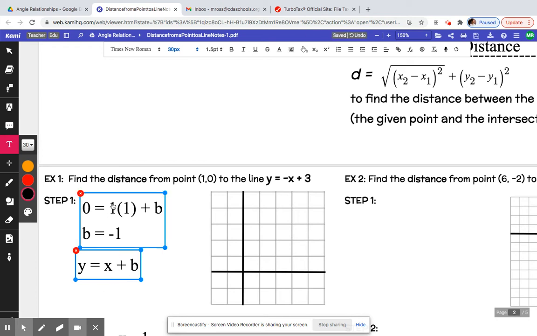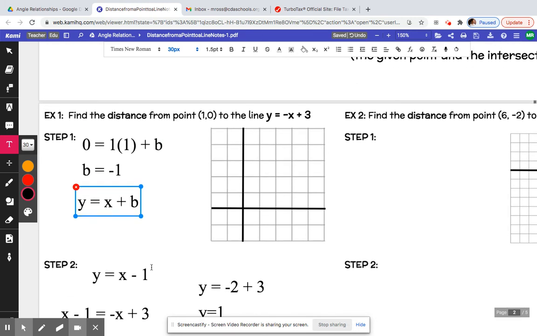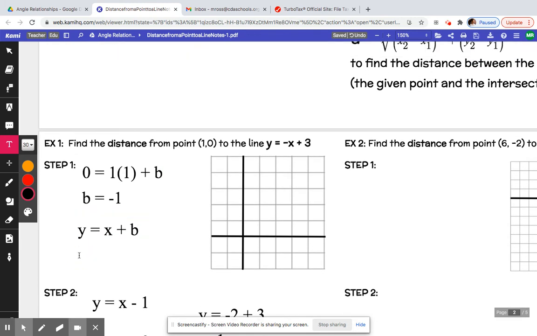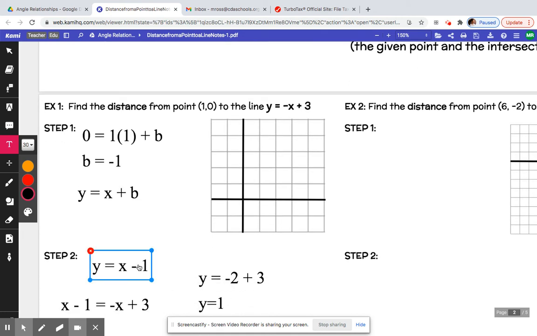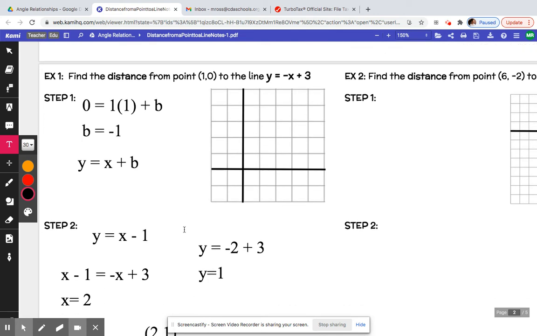I already flipped my slope, and then I plugged in the point that was given so I can find that new b. So 1 is x, 0 is y, and I solved. 1 times 1 is 1. What plus 1 equals 0? That's negative 1. So your new b is negative 1, and your perpendicular equation is y equals x minus 1. This is your perpendicular equation to y equals negative x plus 3.